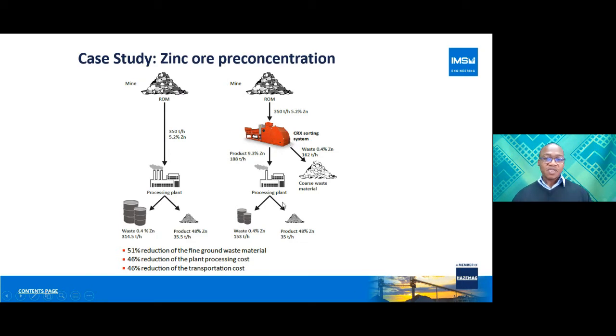The same amount of product was produced, but a lower amount of material was going to the processing plant, resulting in a 46% reduction in plant operating costs, as well as a 46% reduction in transportation costs. The transportation element comes from the fact that the processing plant was located at quite a considerable distance away from the mine.